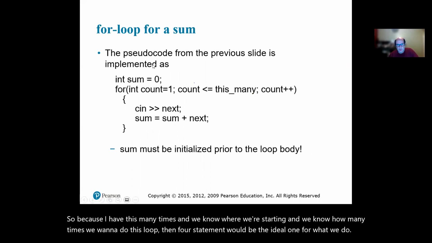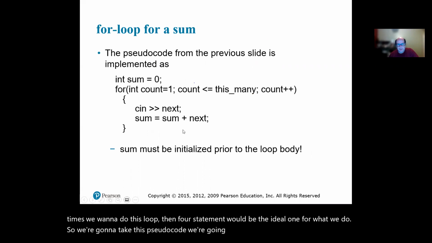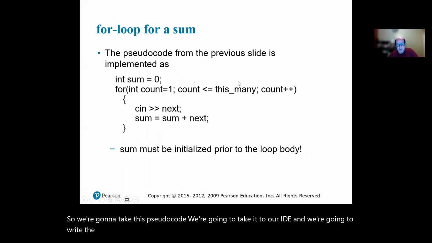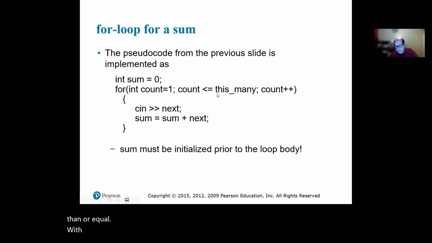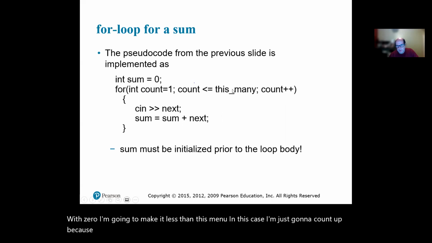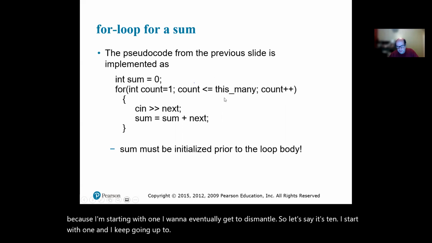So we're going to take the pseudocode to our IDE and write the code. I'm going to start with 1 and go less than or equal to this many, or start with 0 and go less than this many. In this case, I'm going to count up because I'm starting with 1 and want to eventually get to this many. So let's say it's 10: I start with 1 and keep going up by 1 to get to 10.